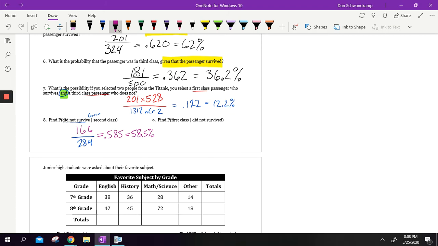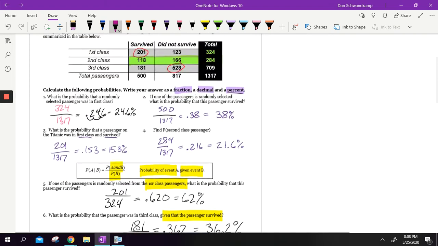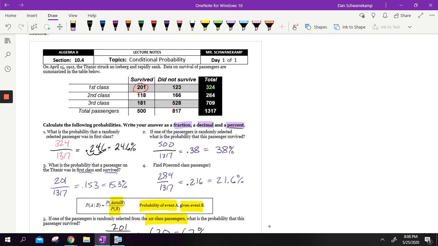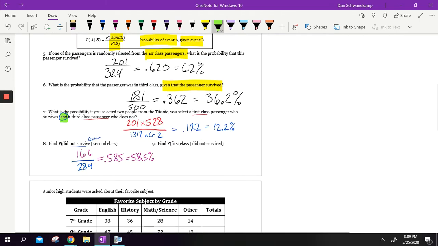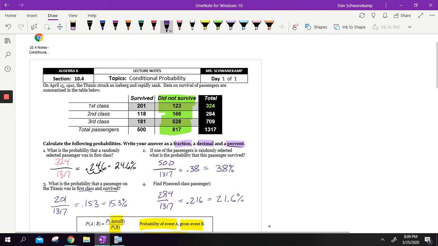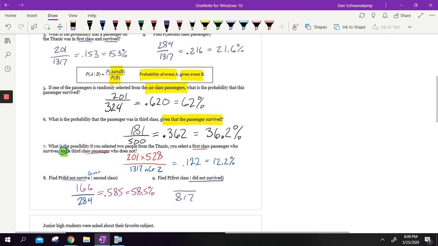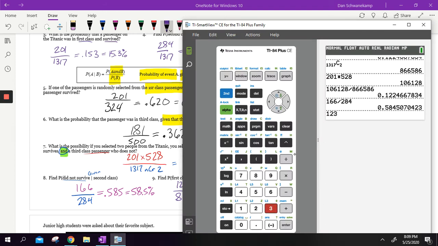What's the probability that you were in first class, given that you did not survive? So we're only looking in this column. How many people did I have to choose from? 817. Given you did not survive, how many first class people did not survive? 123 goes on top. So I'm taking 123 divided by 817. Type it in, hit enter.